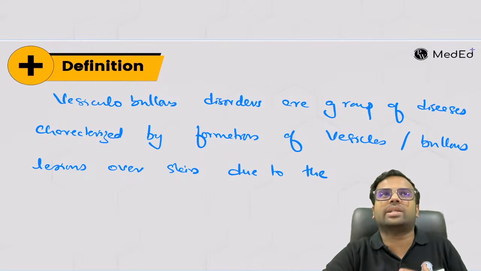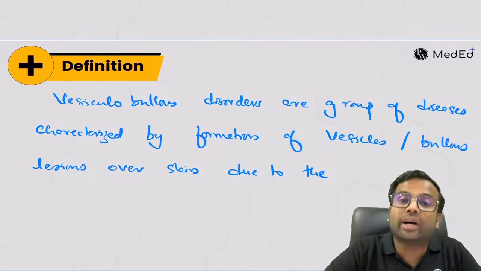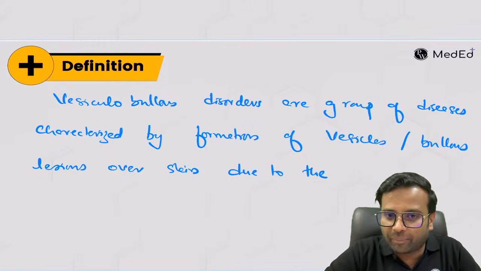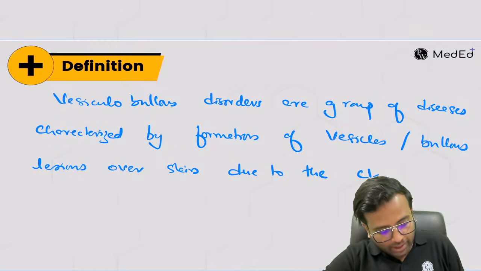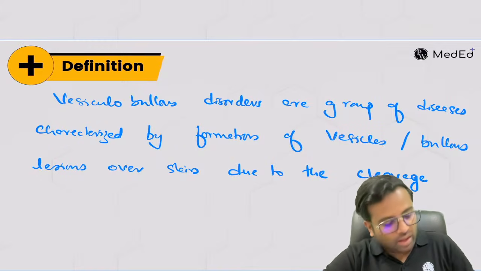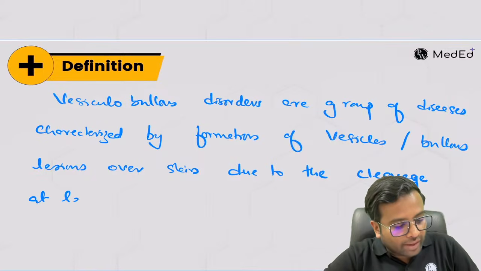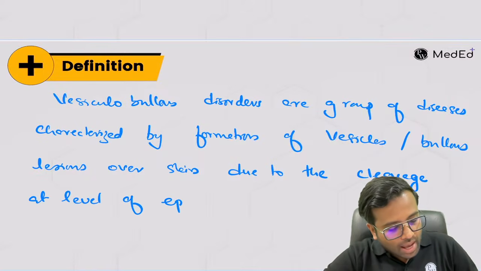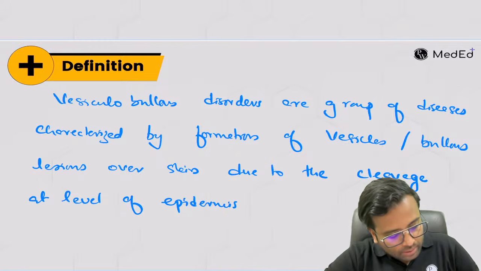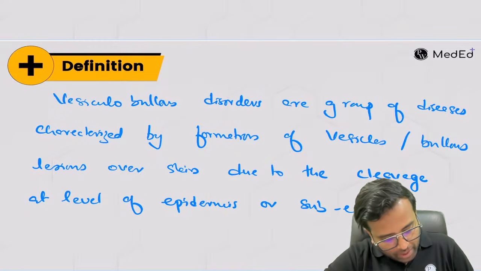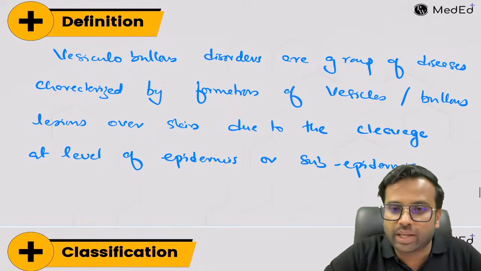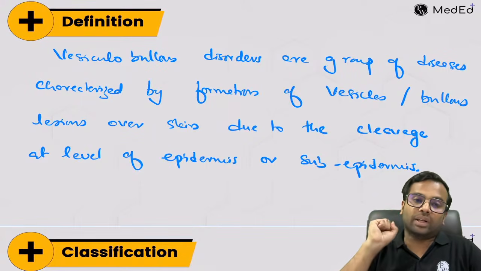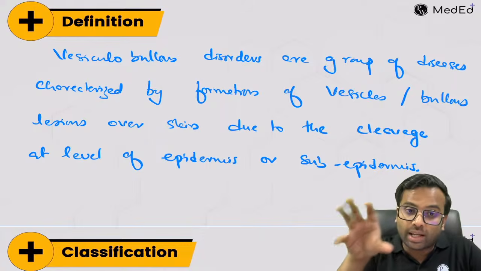Why do these patients develop a vesicle or a bulla? That is because of the cleavage that happens, isn't it? Due to the cleavage at the level of epidermis or subepidermis. See, subepidermis means below the epidermis. Okay, below the epidermis. So that is about the definition of a vesiculobullous disease.